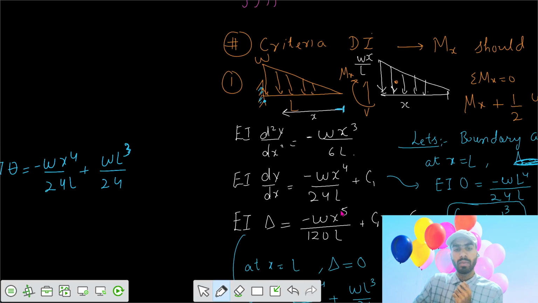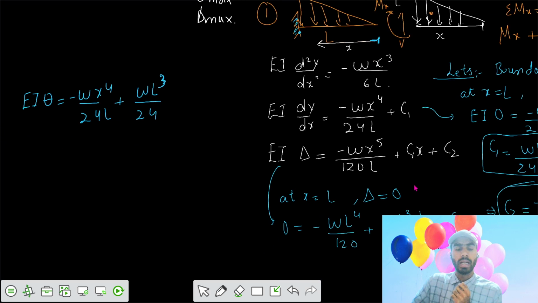Now the question was to get the maximum slope and maximum deflection, that is theta max and delta max. We know that for a cantilever, the deflection would be maximum if there is loading. Deflection would be maximum at the free end, and theta is also maximum here.